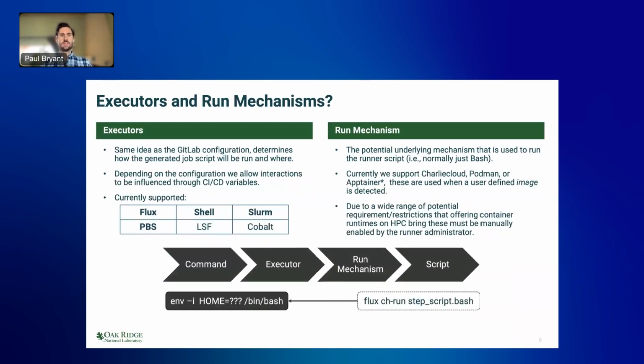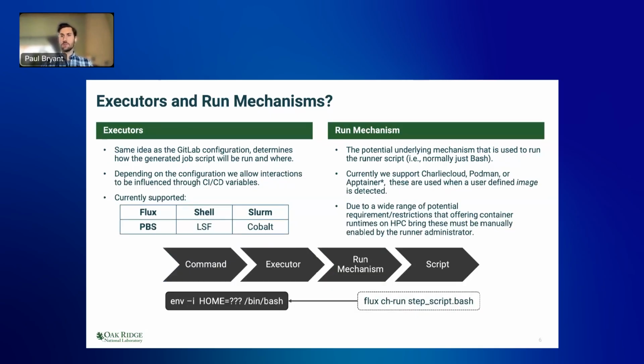This brings us into two additional concepts within Jacamar's configuration that I wanted to highlight that I think really apply to today's tutorial. One is executors. Alec talked about executors in the GitLab sense. Jacamar implements the same thing, and the idea is pretty much equivalent: it is how Jacamar is going to run the job script. In the demo environment you're going to use, you'll have access to a Slurm and shell executor.